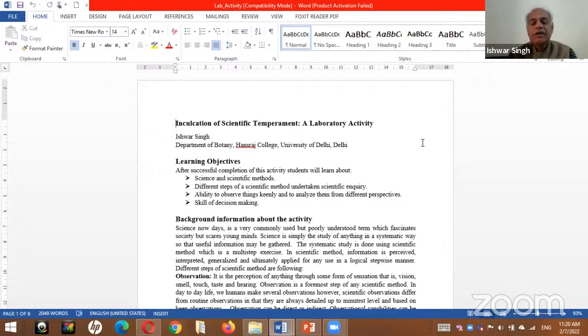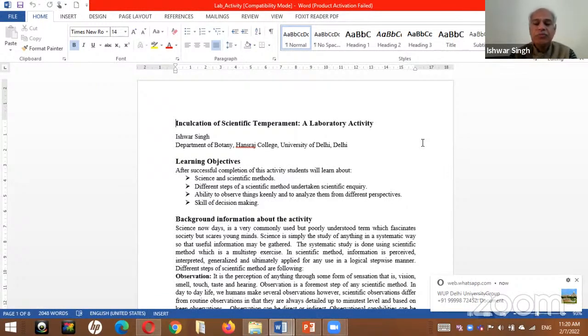In addition to the basic knowledge about the scientific methods, we will also be talking about the different steps which are required for a proper scientific method.